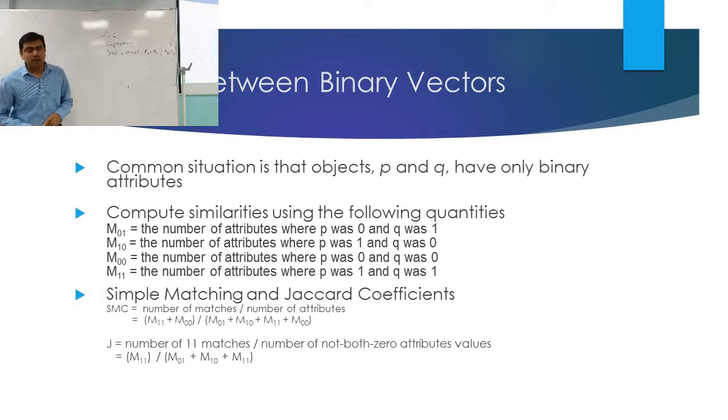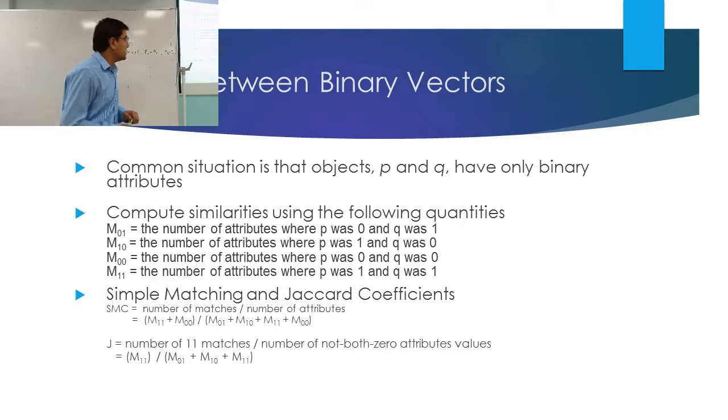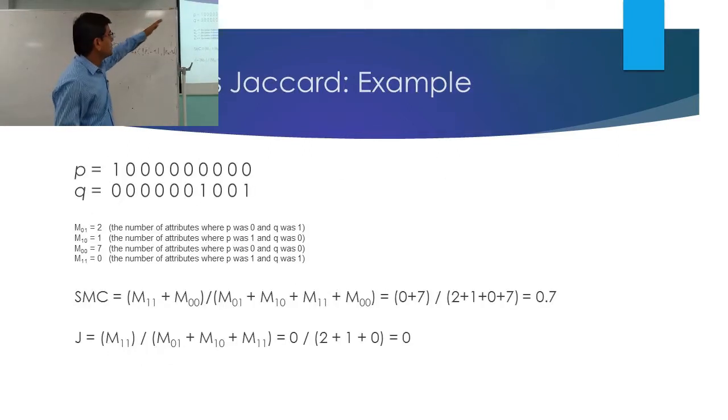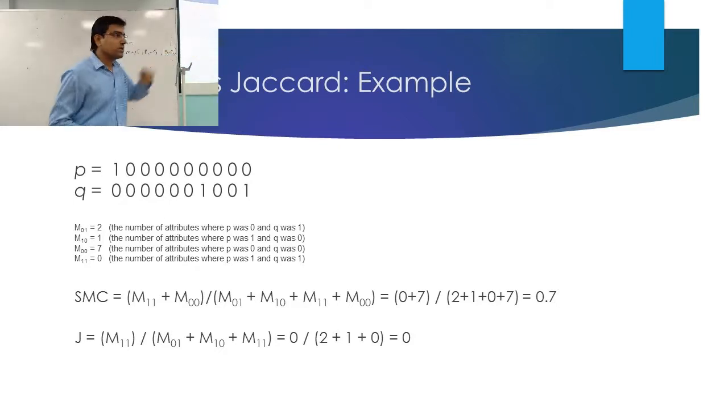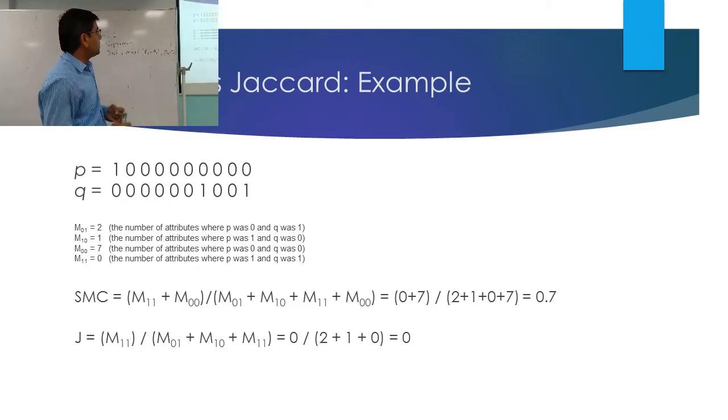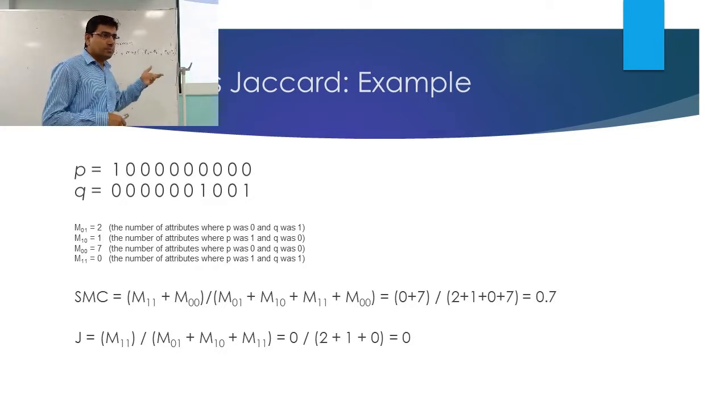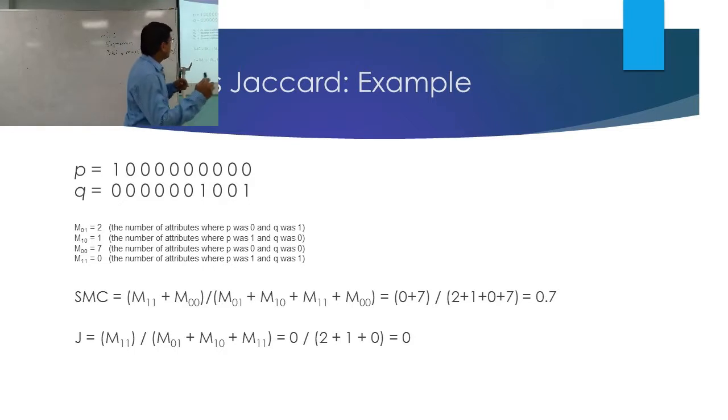Let us assume that these are the patterns, and I would like to apply the simple matching coefficient on the two. Initially, it is observed how many elements are matching. If I take the first position, it was 0 in the first pattern and 1 in the second pattern. How many such things are happening?